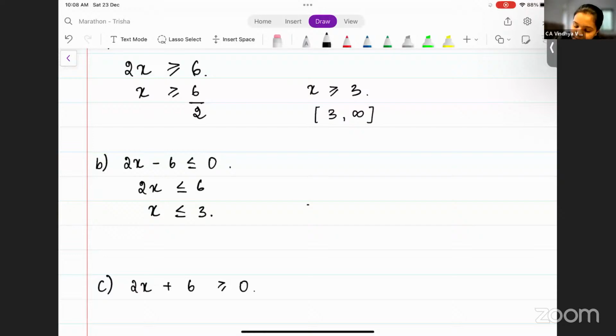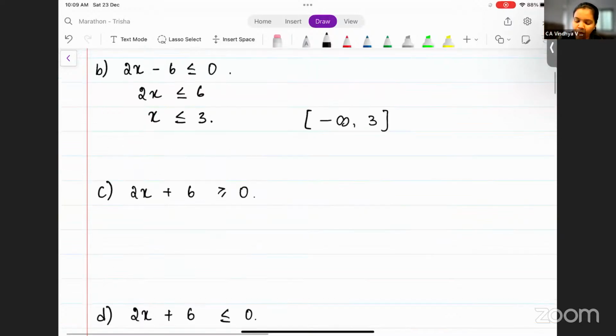So how do you denote this? You will write this as minus infinity, comma 3. When you write the values of x with respect to an inequality, it is always the smaller value followed by the larger value. And I hope that you know minus infinity is lesser than 3.